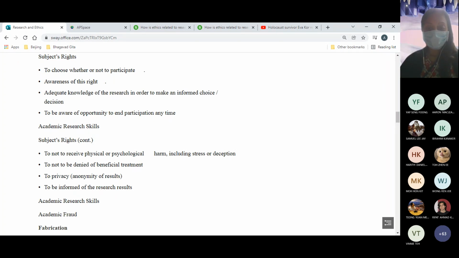Do you know what is beneficial treatment? Any idea? Beneficial treatment means, sometimes certain experiments will have to give you some kind of additional follow-up or treatment, because it shouldn't damage you physically or psychologically.